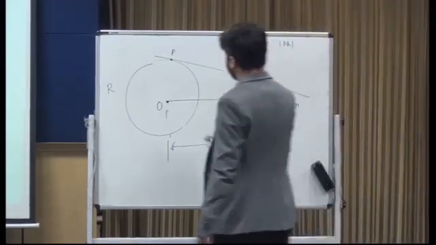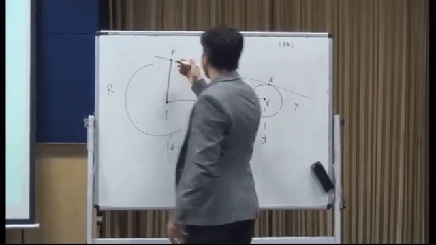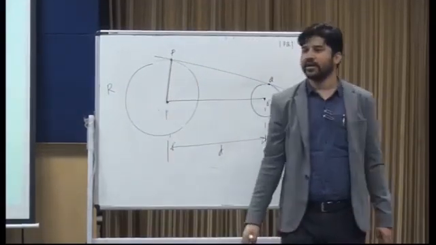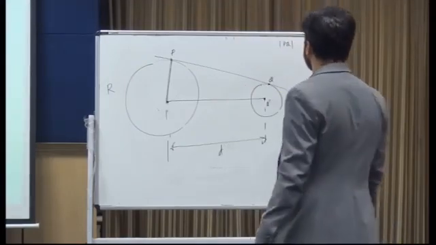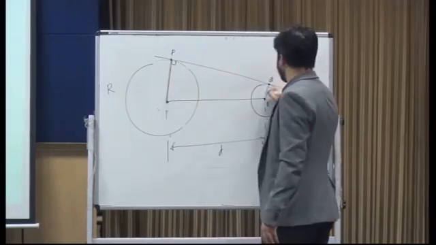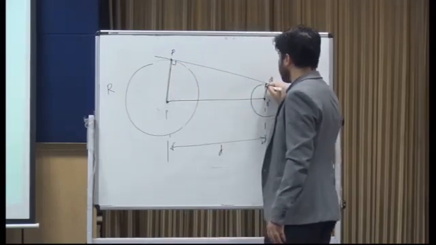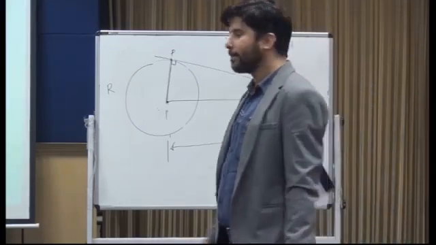Now, you know what is the angle between the radius and the tangent? 90 degrees. And you know what is the angle here also? 90 degrees, right? No doubt about it?